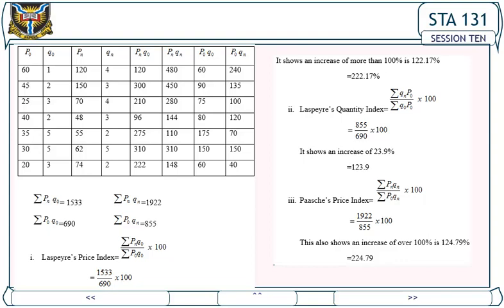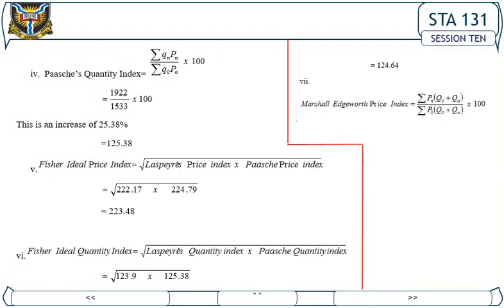3. Paasche price index is equal to 224.79%. This also shows an increase of over 100%, that is 124.79%. 4. Paasche quantity index is equal to 125.38.